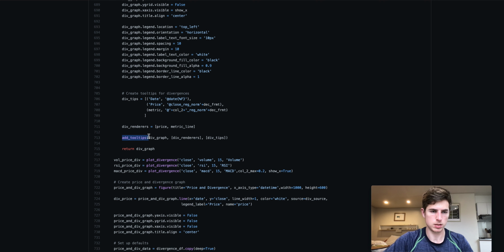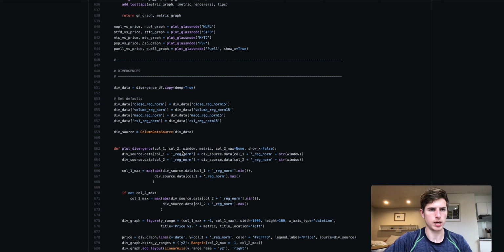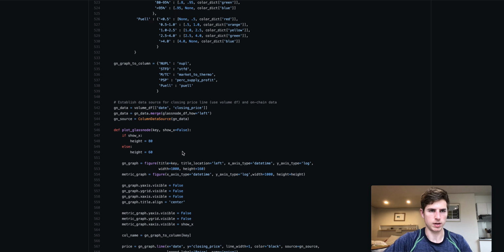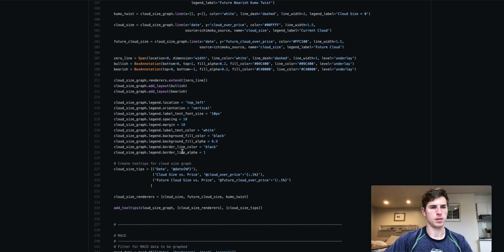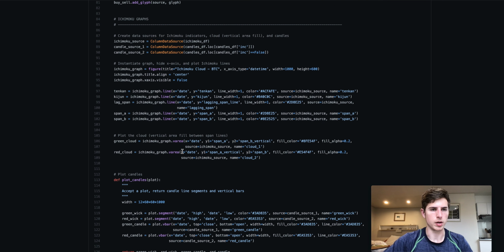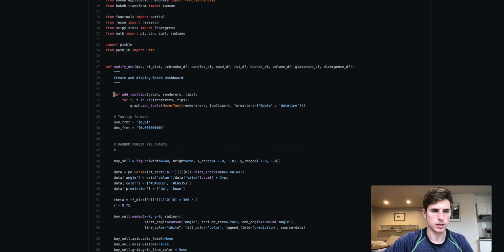Add tooltips is a functionality obviously within Bokeh, or actually maybe it's not. Maybe I built that because I'm referring to add tooltips quite a bit. It's probably somewhere up here at the top. Yes, it's a little custom function for adding the tooltips. You need to tell it which graph you're going to do. It needs renderers and the tips themselves. So if you need to add tooltips, you can look here as well.